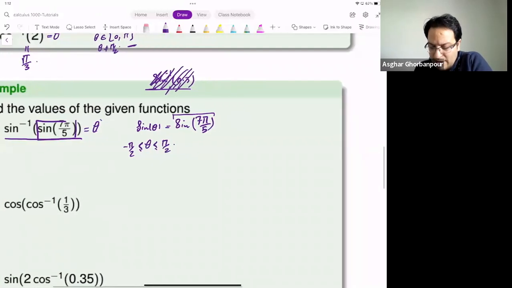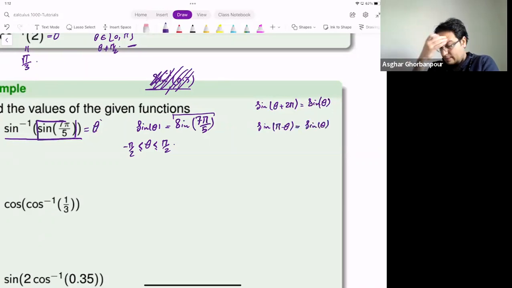If you have cases like this, remember identities like this will always be helpful: sine of theta plus 2 pi is always equal to sine theta. But specifically what we are interested in here is that sine of pi minus theta is equal to sine of theta.